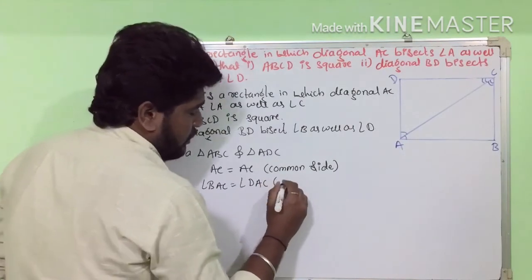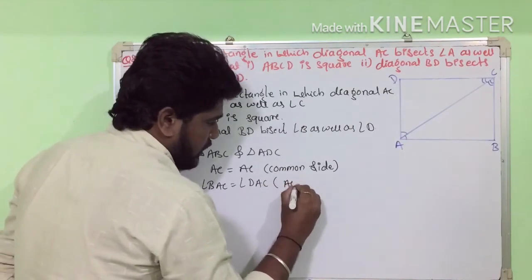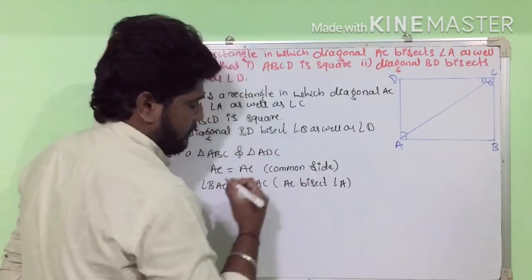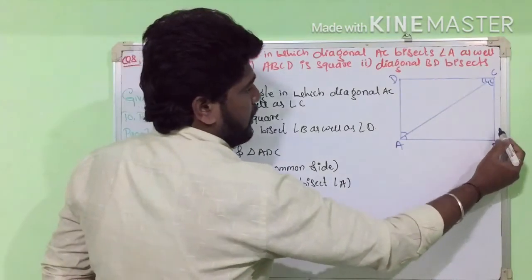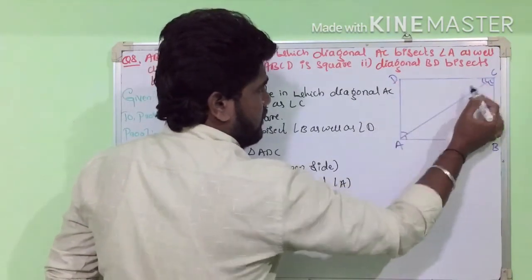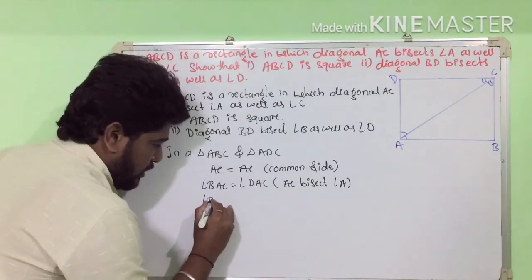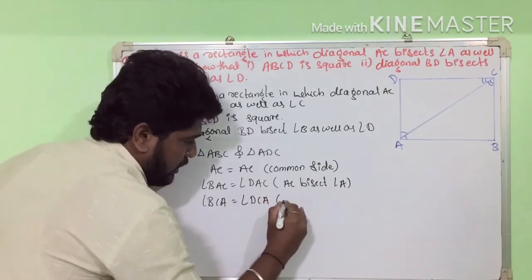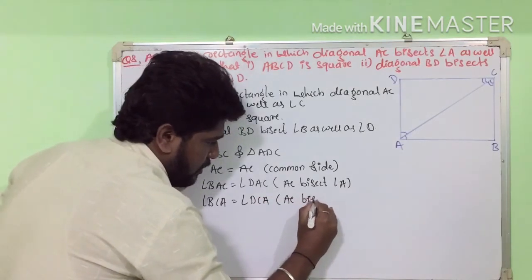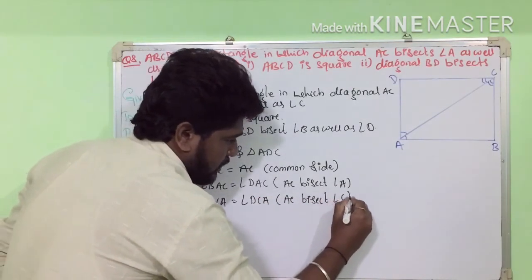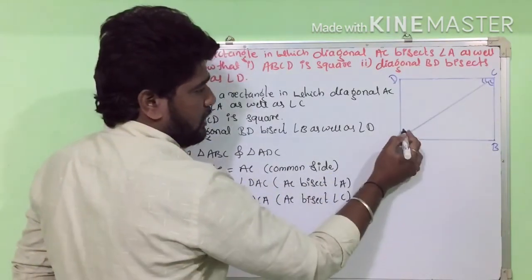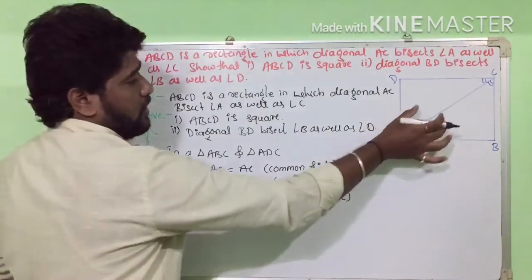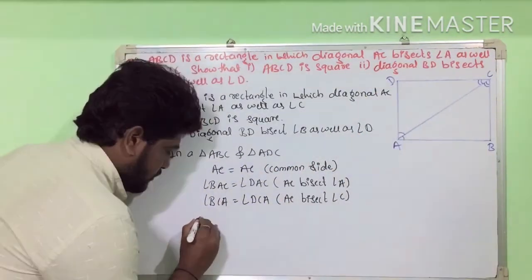And here also angle BCA is equal to angle DCA, because AC bisects angle C. So in these two triangles, two angles and one side are equal. It means these two triangles are congruent to each other.